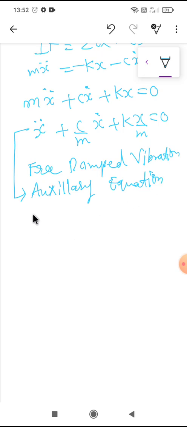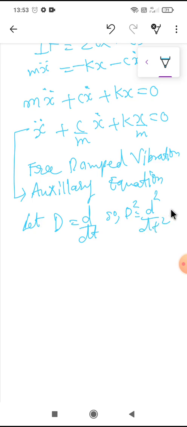We'll take the assumption that capital D is equal to d by dt. So if I substitute this, D is d by dt, so D square will be d square by dt square, and so on.